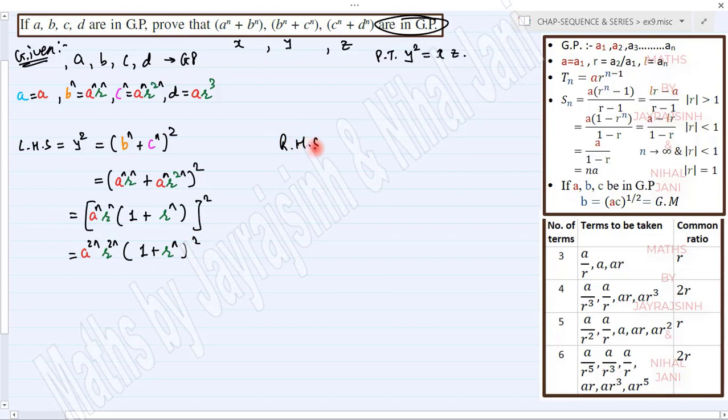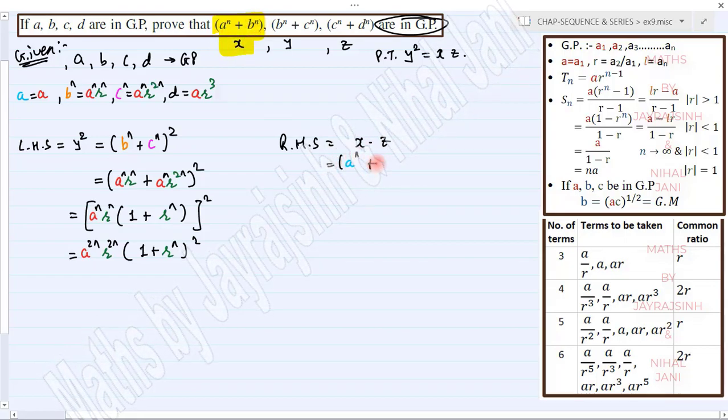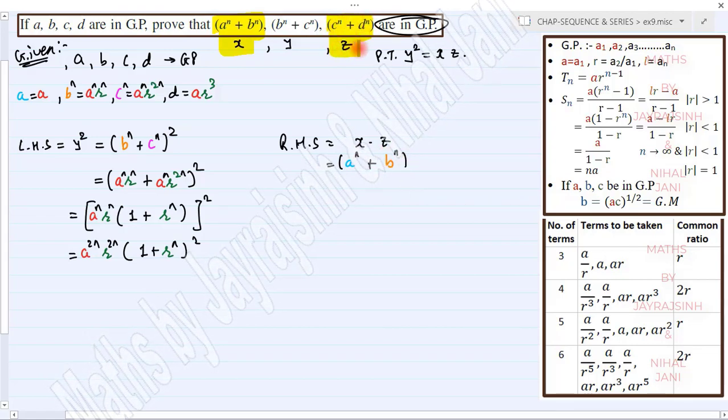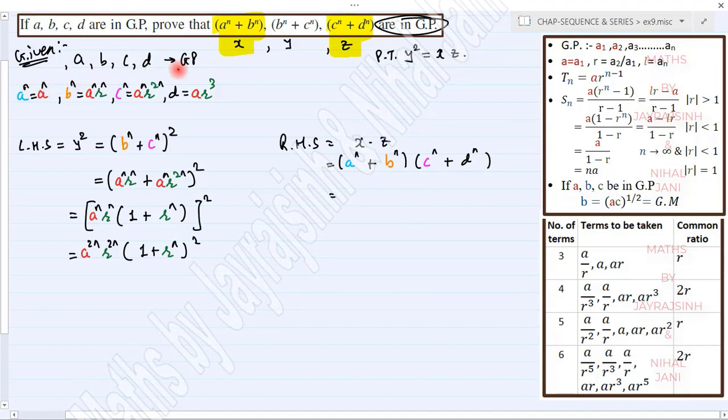Similarly, let's try to obtain your right hand side, which is x into z, where your x is a raised to n plus b raised to n, and z is c raised to n plus d raised to n. So let's take n power on a and d.